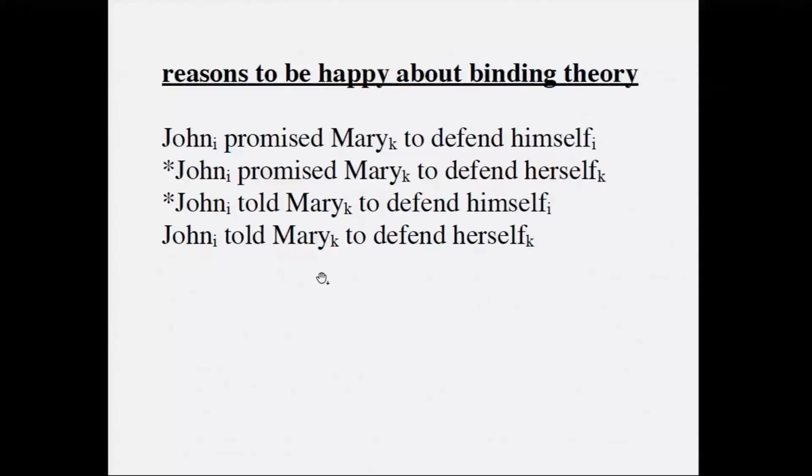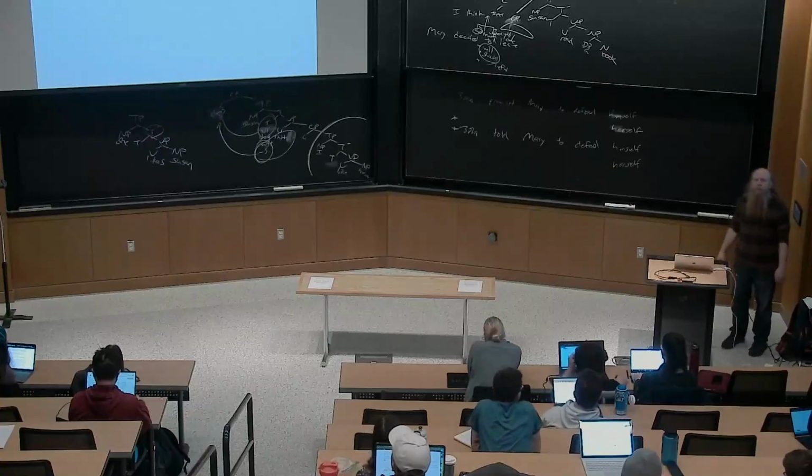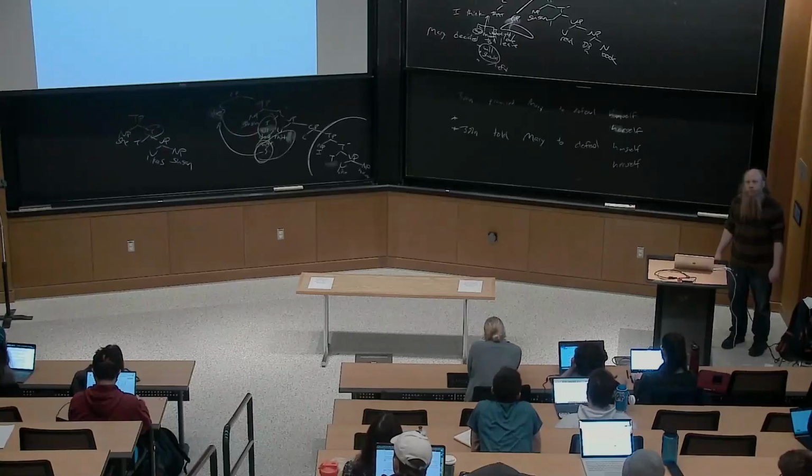Now that I've done all that talking about anaphors, forget about the anaphors for a second. If I say, John promised Mary to leave, who's going to leave? John. And if I say John told Mary to leave, who's going to leave? Mary.